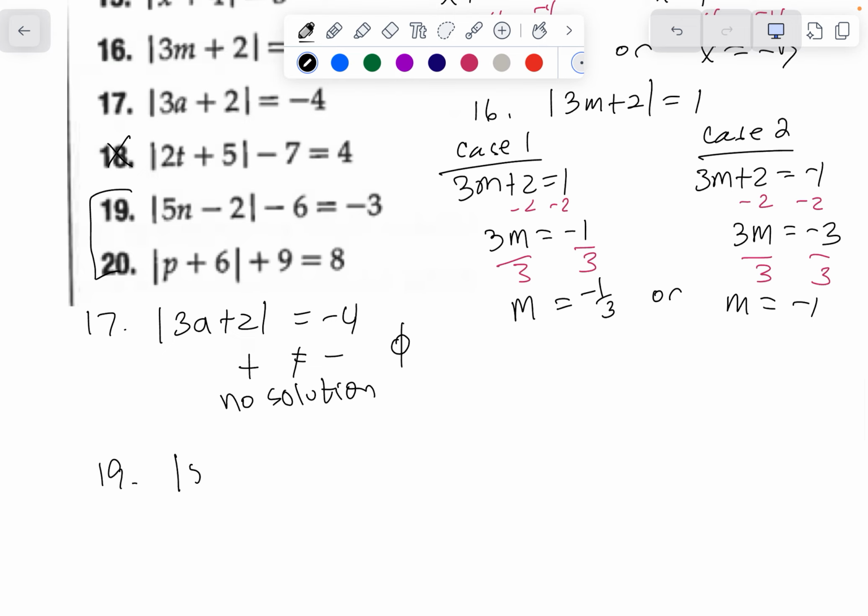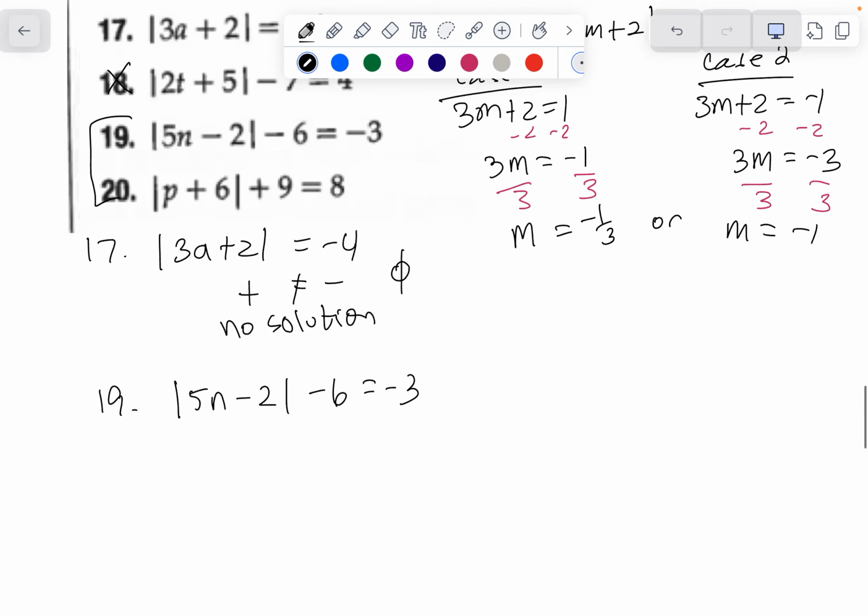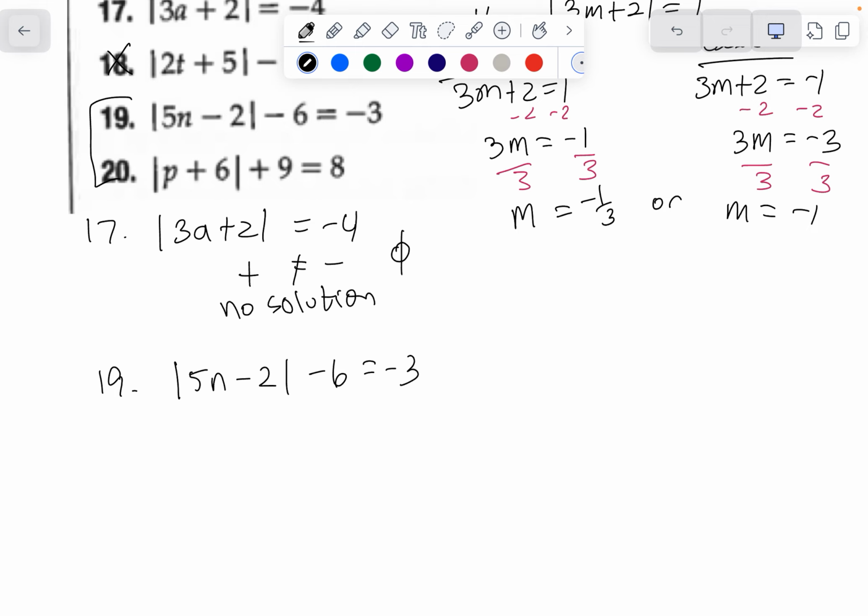For 19, yes, it's equal to a negative, but the absolute value isn't equal to a negative. The absolute value minus 6 is equal to a negative. A positive minus 6 could be a negative number, so it's not one that you have to throw out, because you technically should add 6 to both sides and get that the absolute value of 5n minus 2 is equal to 3.